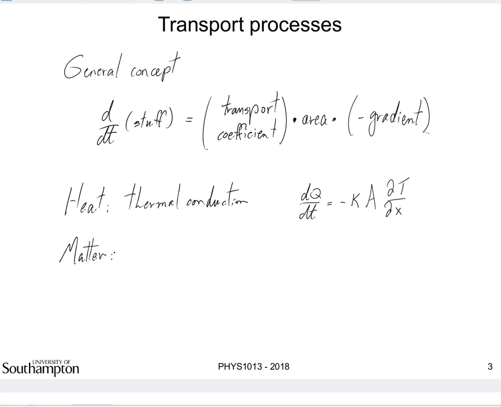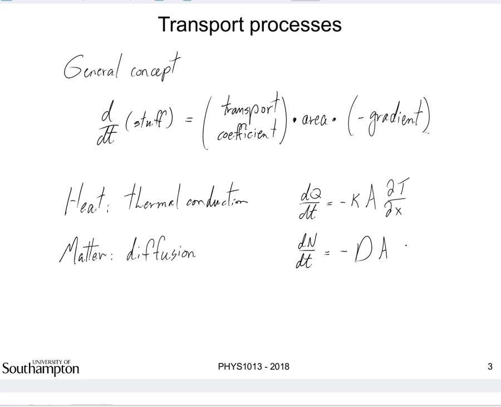Okay. In the case where instead it's matter that's being transferred, then we're talking about diffusion. And in this case, it's the number of particles that go through a given area as a function of time. And there's a minus, and there's this transport coefficient, and this time it's called the diffusivity.